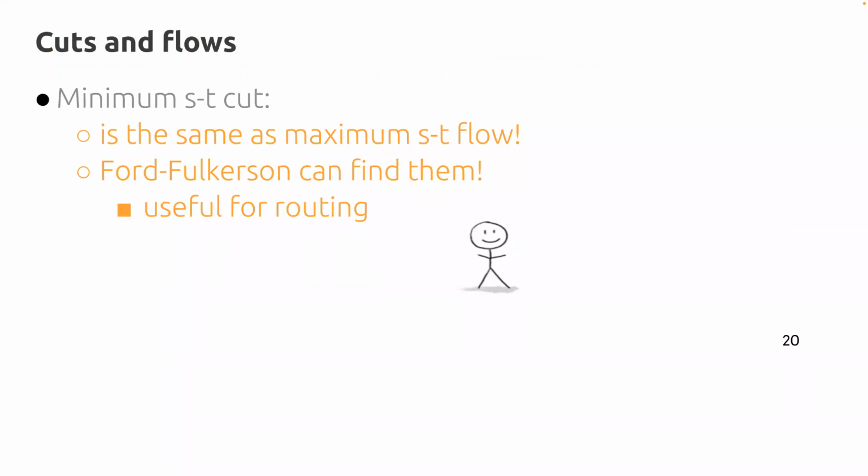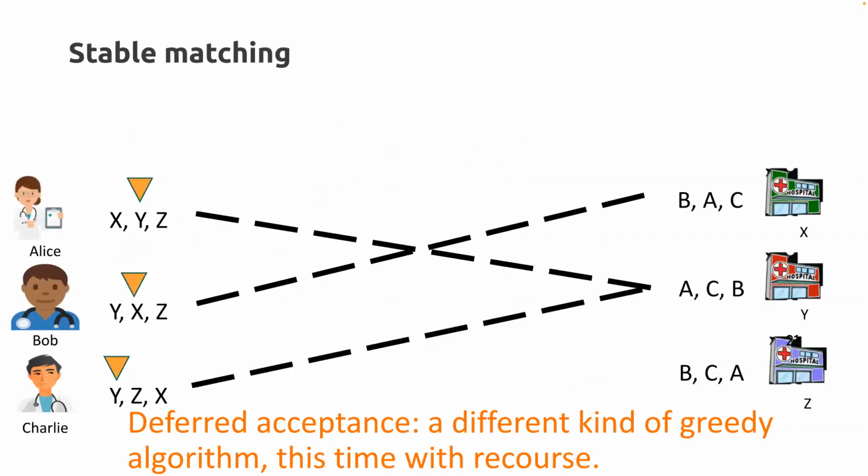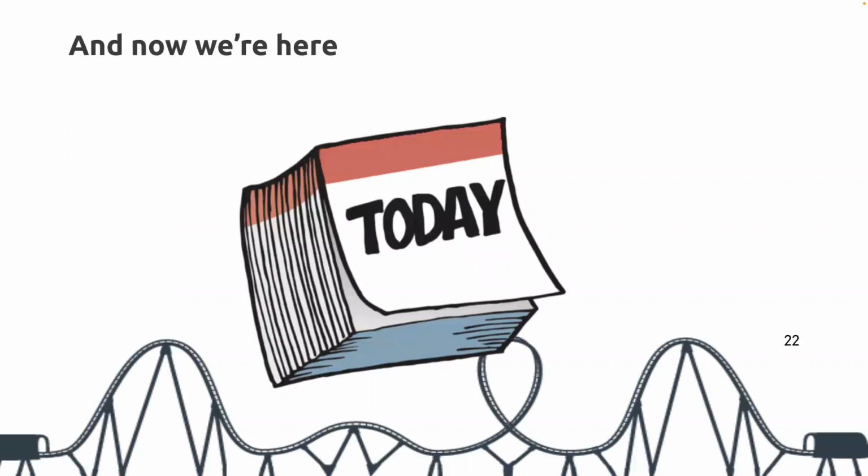This is very useful for routing, but it's also very useful for assignment problems, like the one we just covered in the quiz, which is, hey, I've got employees and I need to send them to an office, and I have certain constraints on how many employees can work at an office, and each employee has certain preferences, right? We also talked about the history of it. And then finally, we jumped into stable matchings, which was what we covered last lecture. So I'll just not go too much into here. And now we're here today.